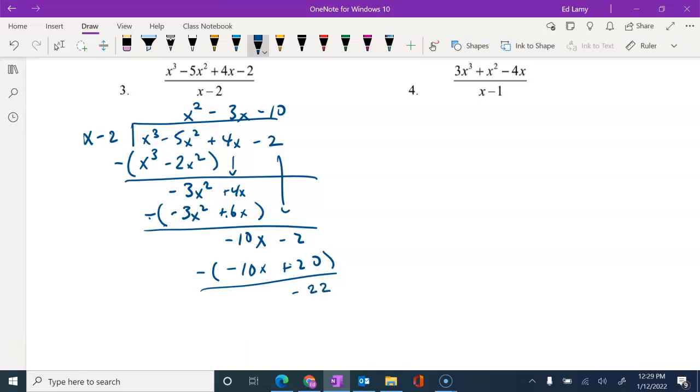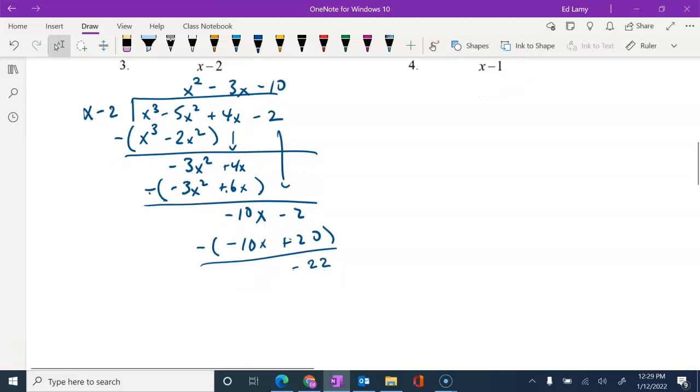The remainder is negative 22. So the quotient is x squared minus 3x minus 10 minus 22 over x minus 2. So we can say since the remainder was negative, we're subtracting 22.